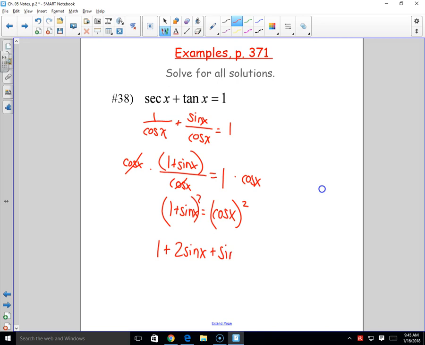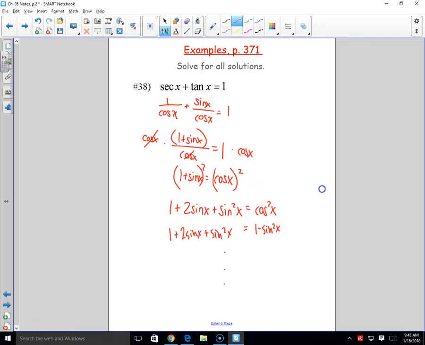But question, what can I make cosine squared? One minus sine squared. Can I move it to the other side and maybe have a quadratic that I could try to factor? Yes. I ended on a hard one, so it's homework.